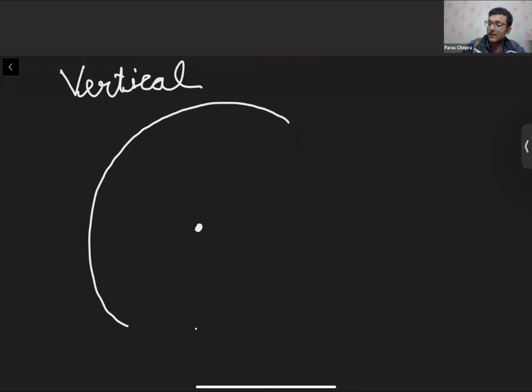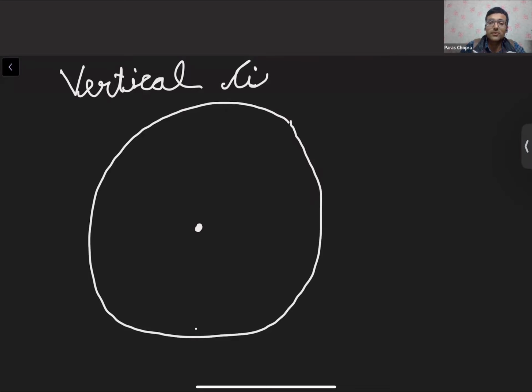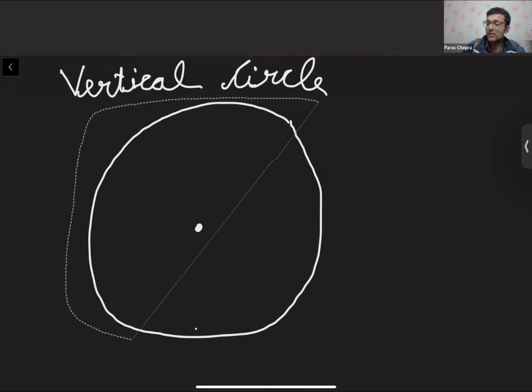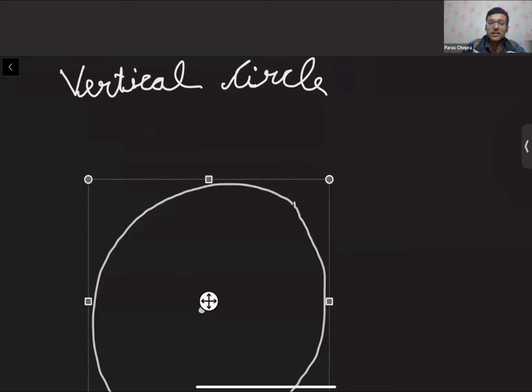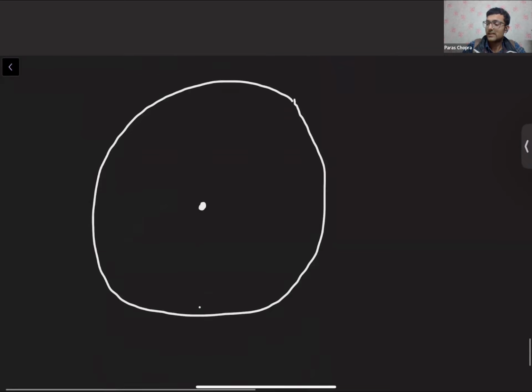In a vertical circle, the difference is that the gravitational force is also acting. So if the gravitational force is also acting at all the points, we also have to consider the effect of gravity. So let's say there are four different points. A is the bottommost point, B is the rightmost point, C is the topmost point, and D is the leftmost point.